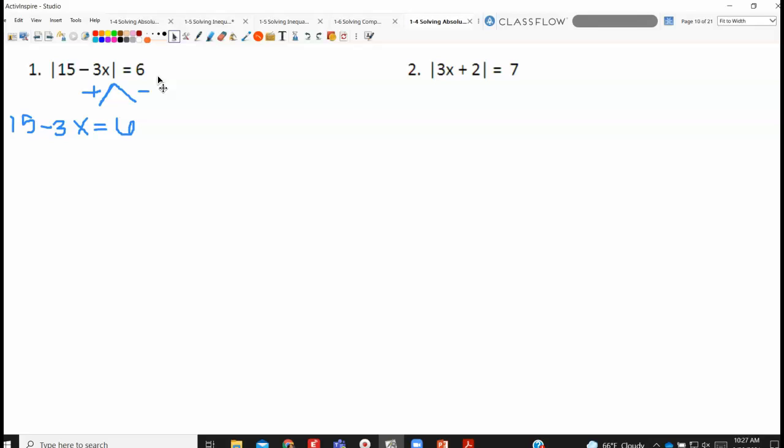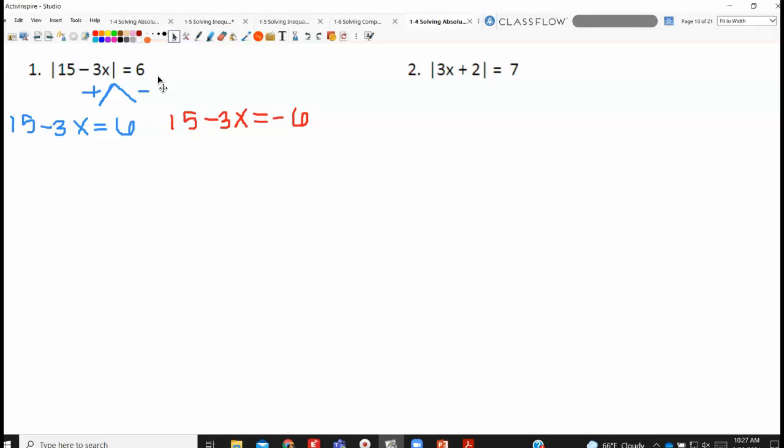And for the negative, we set it equal to negative the right side. So we drop our absolute value and we make one side positive and one side negative.